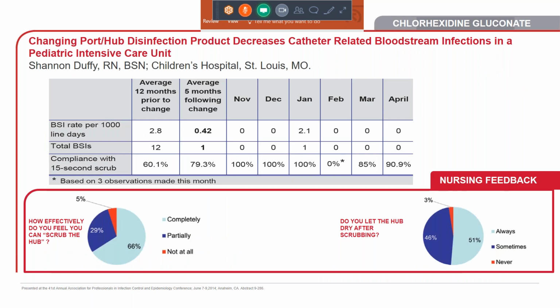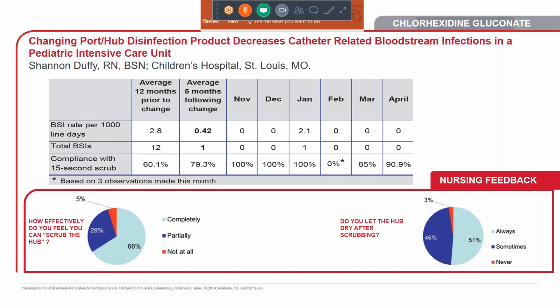And again, here is some of their data so that you can see it in terms of months. Interestingly, the nursing feedback that they had, how effectively do you feel you can scrub the hub? We had 29% say partially and 5% not at all.